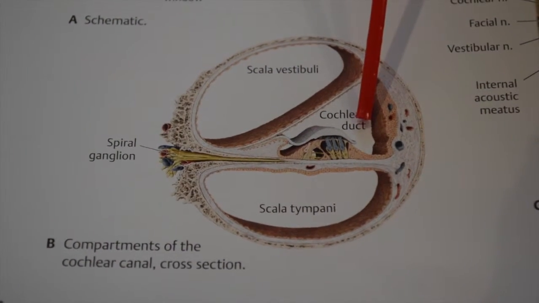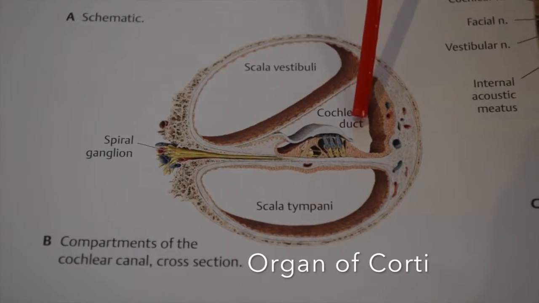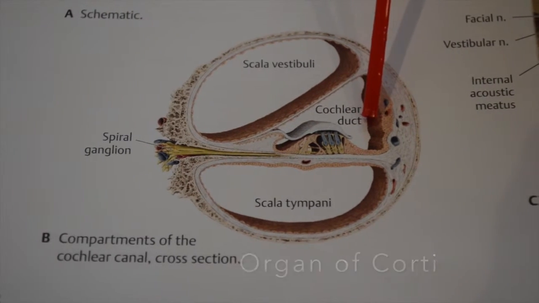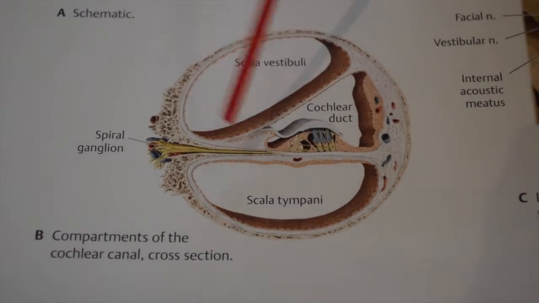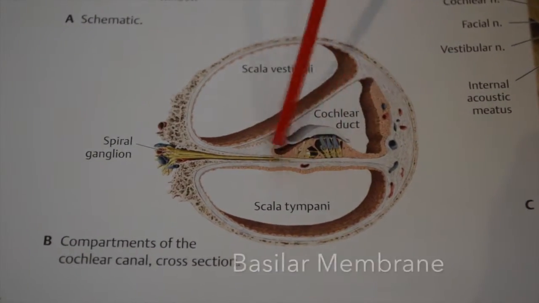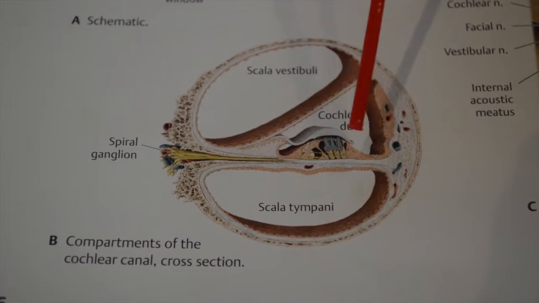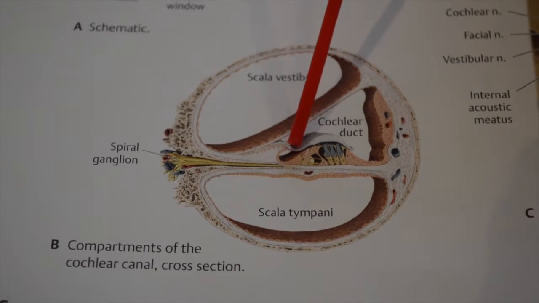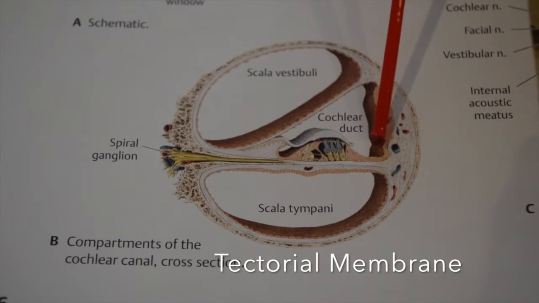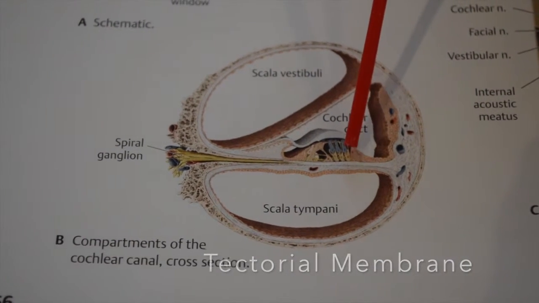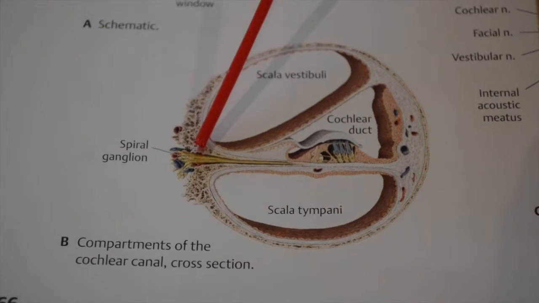The organ of Corti is the end organ of hearing, located in the scala media, which is filled with endolymph. Here we see it being supported by the basilar membrane. The organ of Corti uses hair cells, both outer and inner, which are embedded into the tectorial membrane to transfer fluid energy into electric energy.